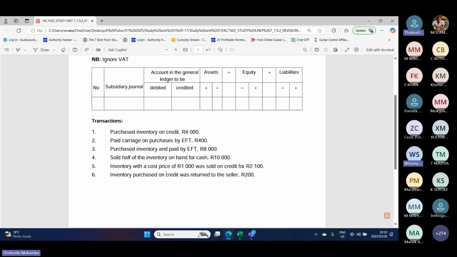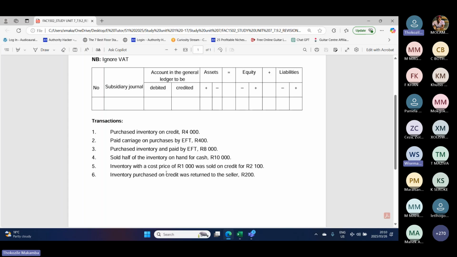Because I think the periodic one, again, as I'm saying, it's fairly straightforward. You purchase inventory and you record your expense, and then it's either on credit or for cash. And I think that once you know your perpetual, the periodic is very straightforward. But I don't want to speak for the lecturers because I don't know what they're going to test.